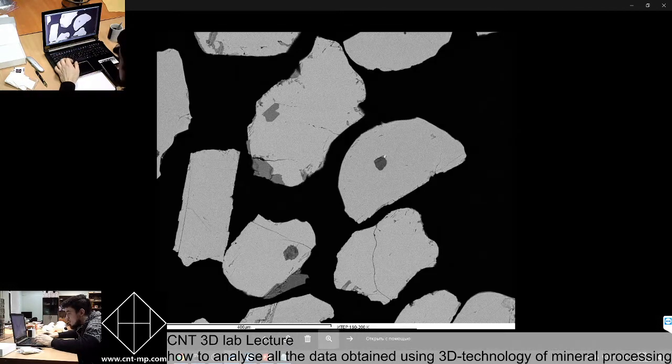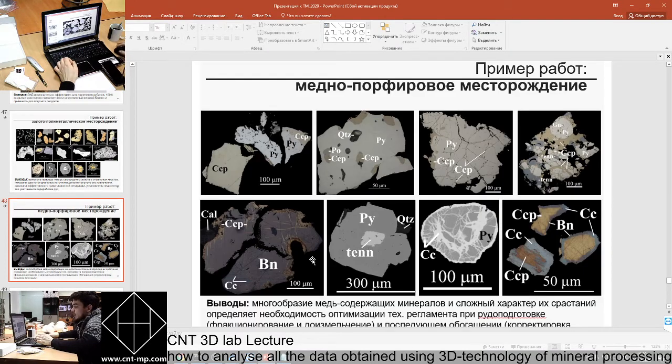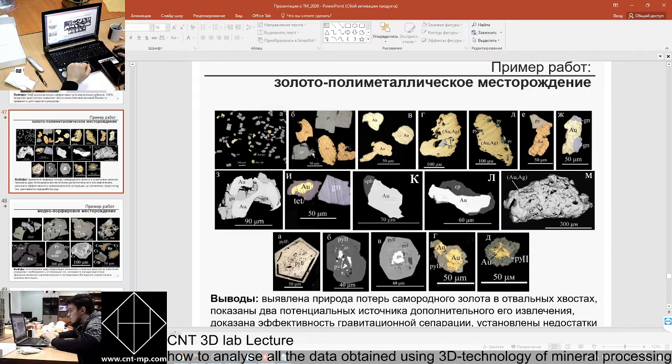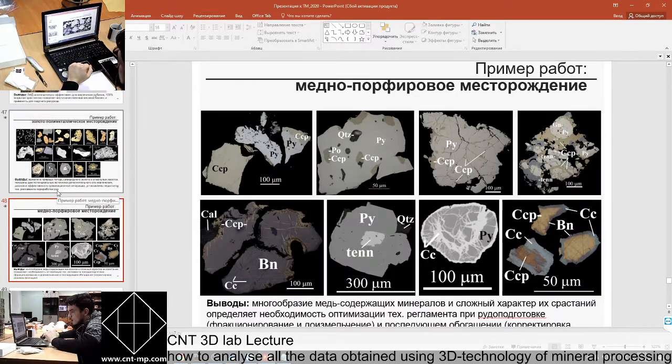Okay, it's impossible. That's why we move it separately. We move the scale bar on each photo, and also try to sign each phase with big letters, you know. Just take a look at each photo and you will understand what I'm talking about.